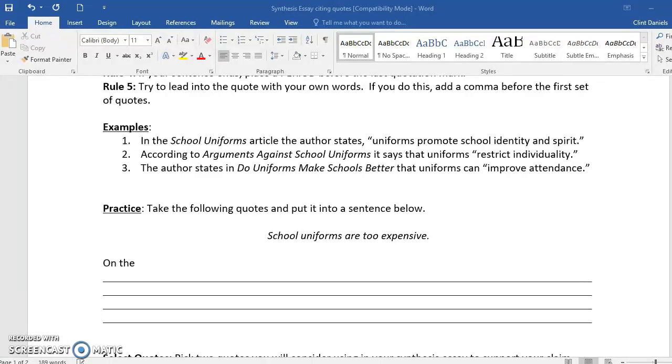On the pro-con website, it states, I have my quote here, "school uniforms are too expensive." There you go. I have led into the quote with my own words.